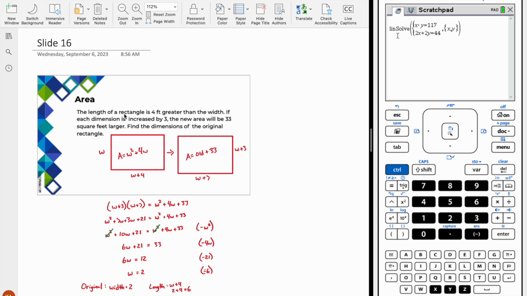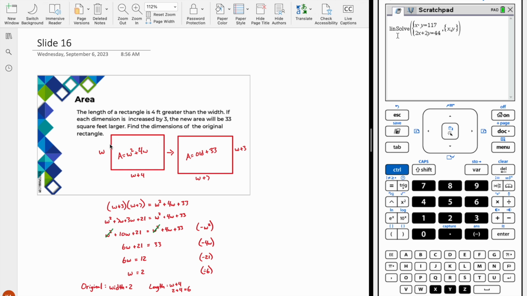So it first starts with the length of a rectangle is 4 feet greater than its width. If each dimension is increased by 3, the new area would be 33 square feet larger. Find the dimensions of the original rectangle.